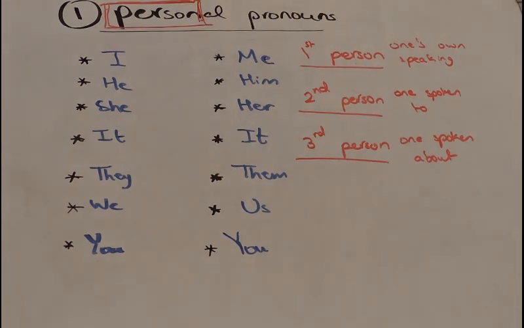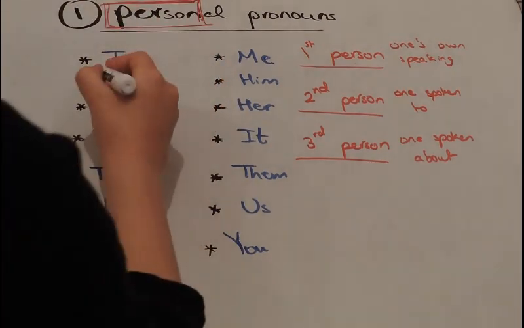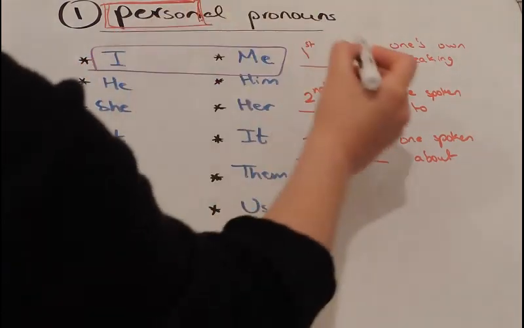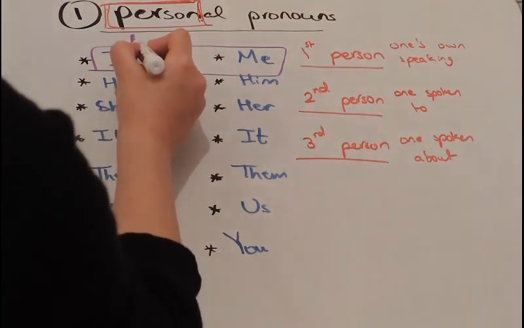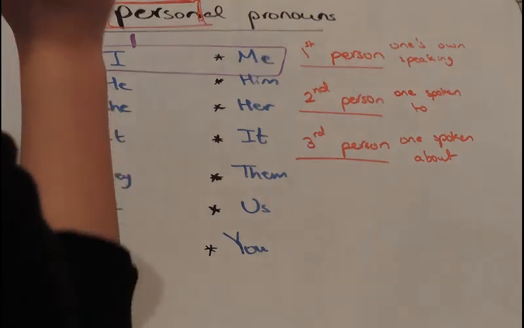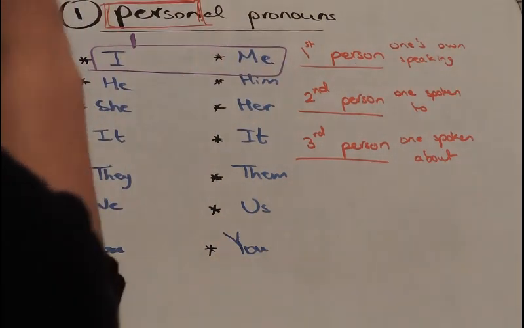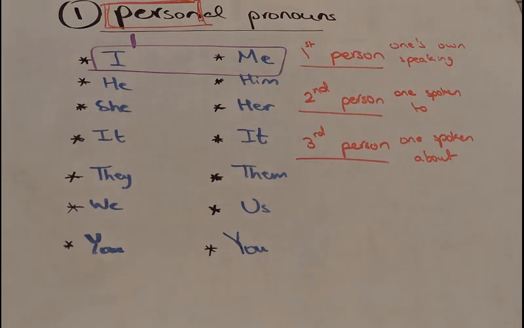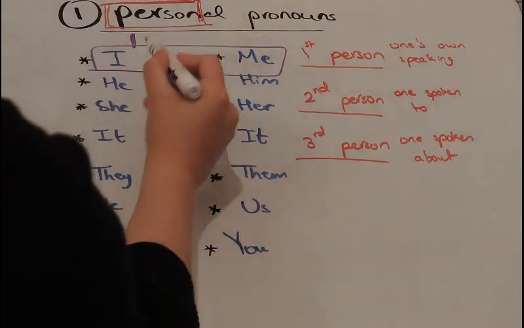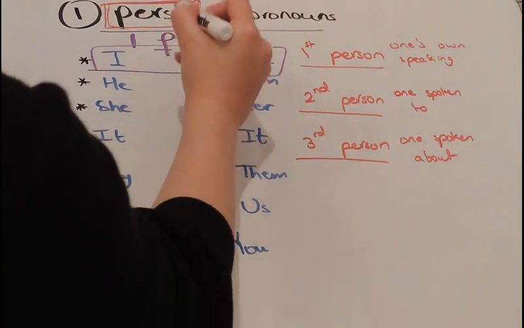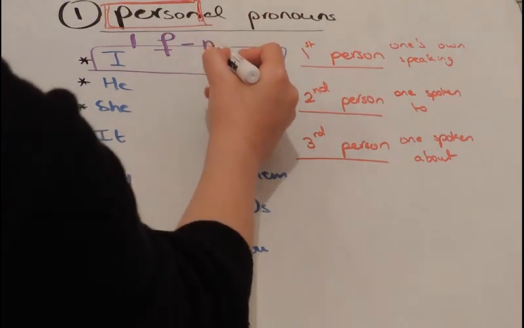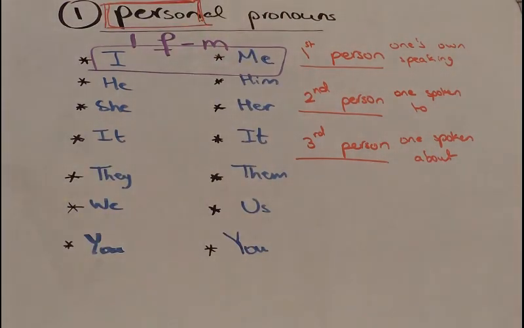I and me are considered first person, so I'm going to use the number 1. And for female or male, F and M: female, girl, feminine, and male, boy, masculine. For this, you can use it for female, and you can as well use it for male. As for the singular and plural part, I'm going to explain later on.